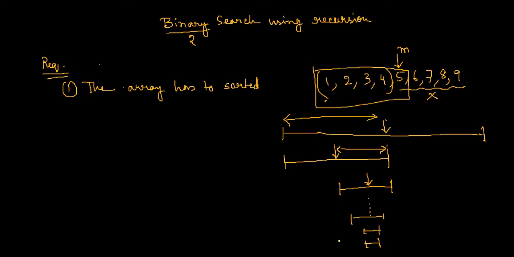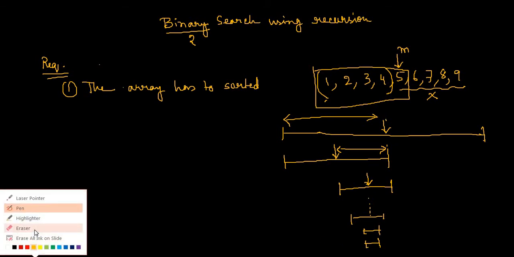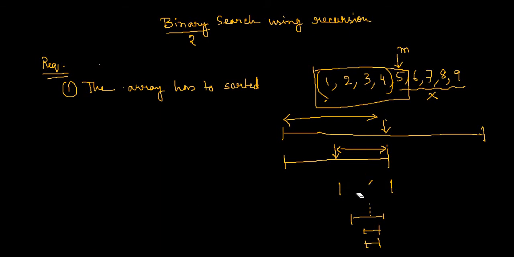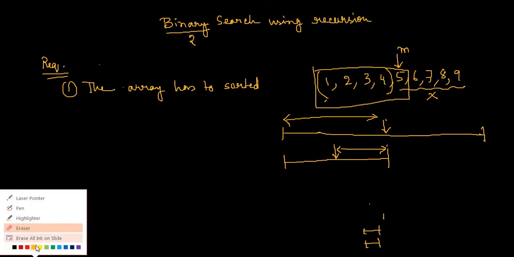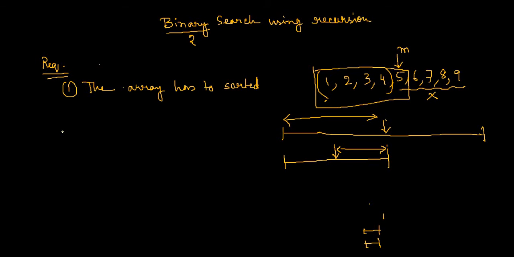So if I write the steps of the binary search, what can we say? Let's erase this one. Okay, I can write over here also. The first step: find the middle position, suppose stored in M. And what is the checking?